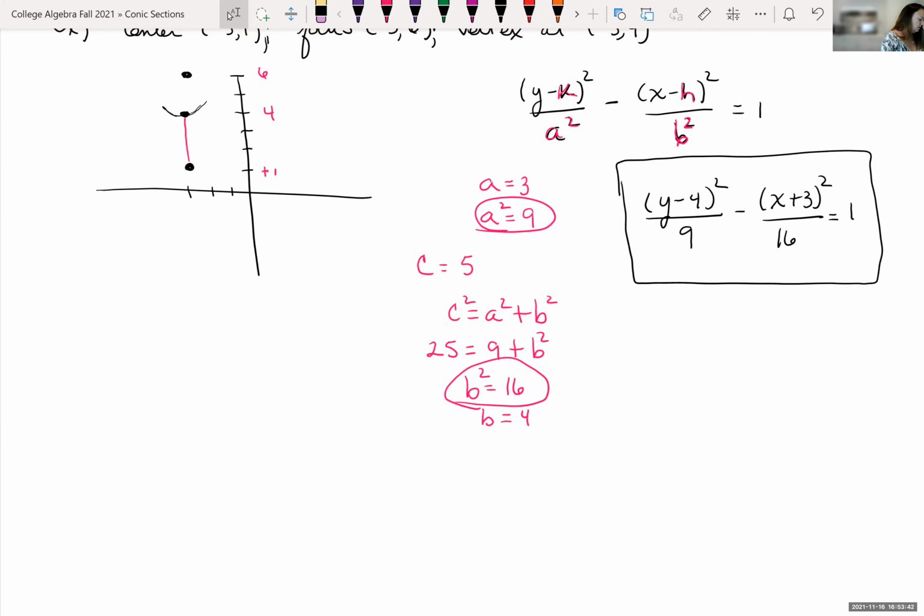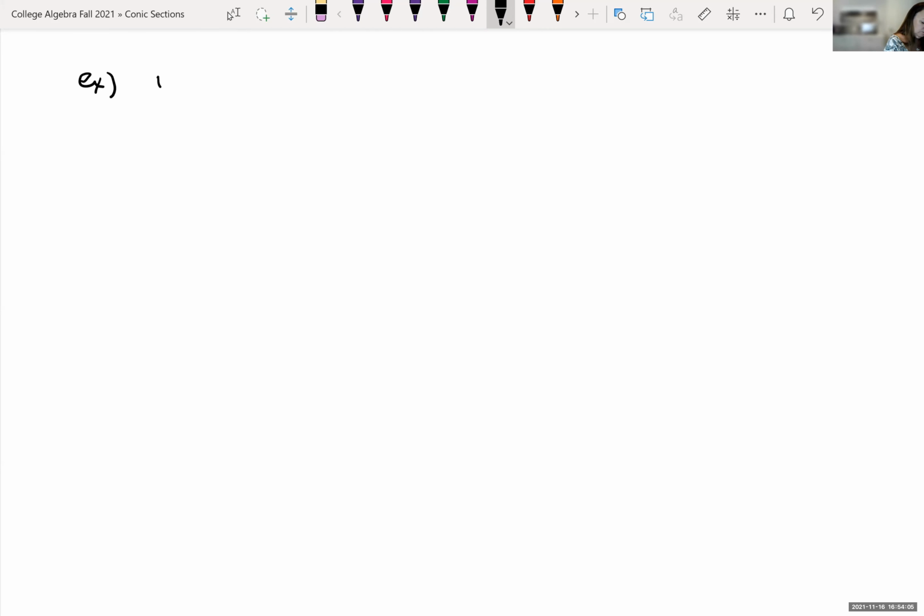So let's say you have vertices at 1, -3, and at 1, 1.